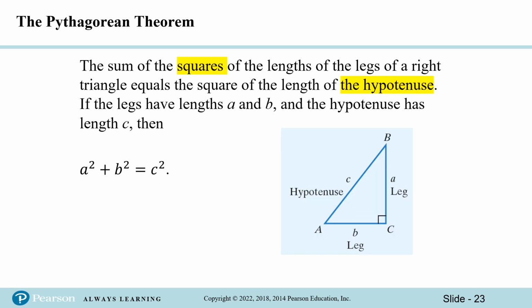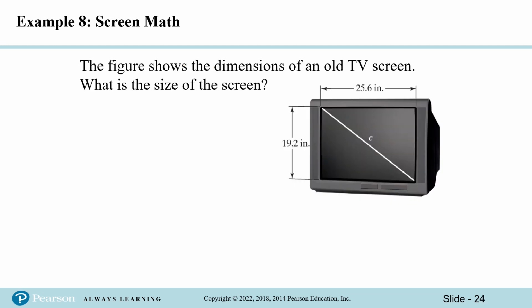Reminder about the Pythagorean theorem, a squared plus b squared equals c squared. You would have seen this in lots and lots of different classes. Dimensions of a TV. You can tell it's old because it's not a flat screen. All right. So what is the size of the screen? When they say the size of the screen, what they're asking is a diagonal.